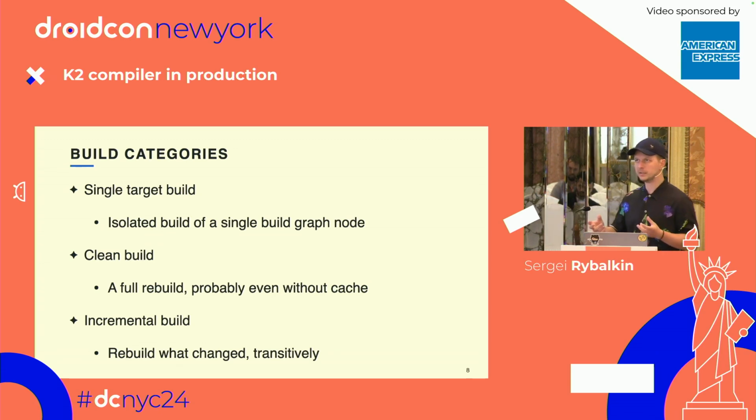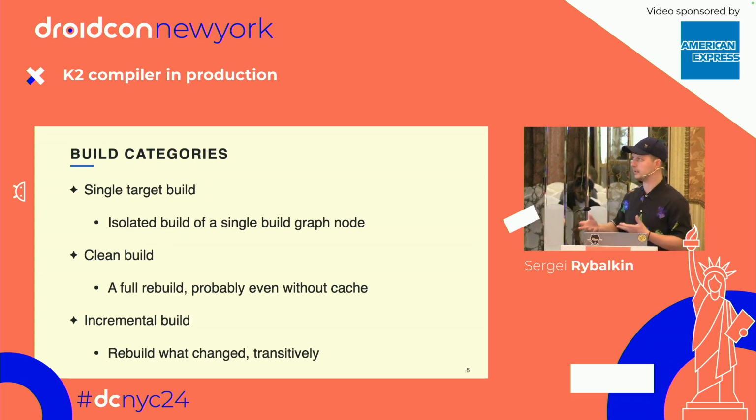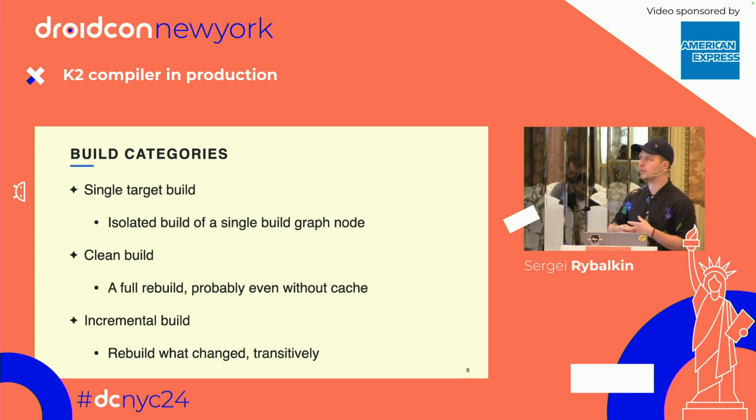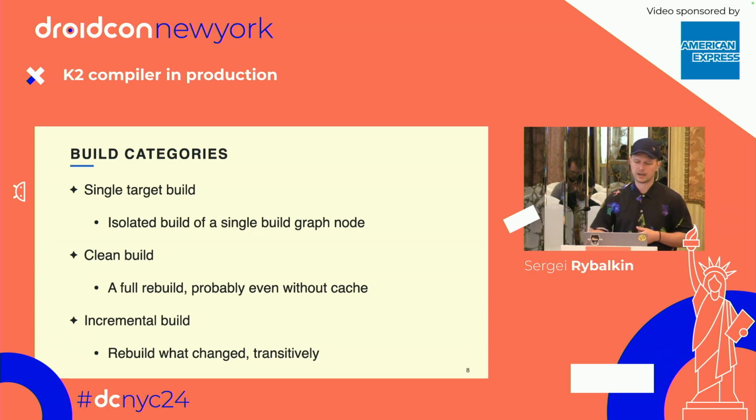If we do a clean build, we rebuild the whole application. We don't have caches, so it's usually a very, very long process. To make a clean build faster, we normally need to warm up our caches, somehow deliver them from remote storage, or maintain persisted storage on our machine. And then finally, the incremental build: we deliver some kind of feature that changes multiple targets.